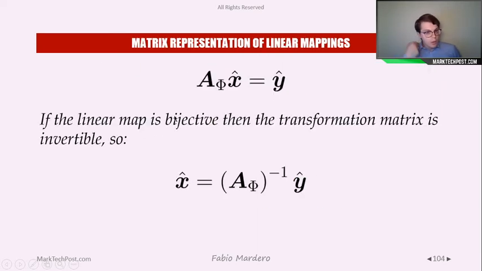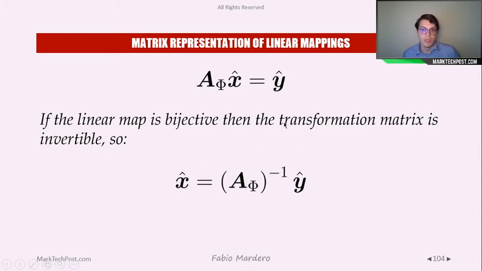Now, we've seen that linear maps can also be bijective, and this property, or better, the injective and the surjective properties are very important. Here we don't prove this concept, but it can be very intuitive: if the linear map is bijective, then the transformation matrix is invertible.